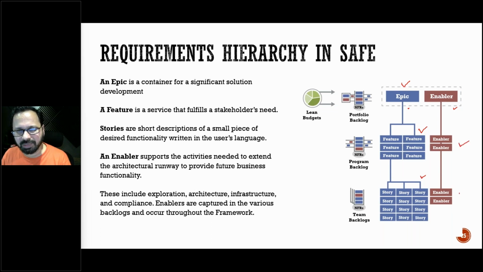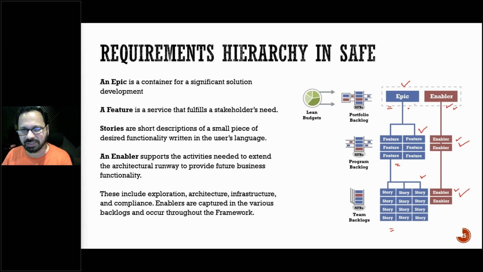Those are the enablers which we need to build, and they need to be funded. So that is the hierarchy of requirements in SAFe: epics can be broken down into features, which can be broken down into stories. Epics could be business epics, technical epics or enabler epics, broken down into enabler features and enabler stories.